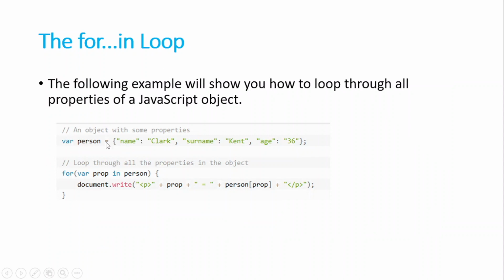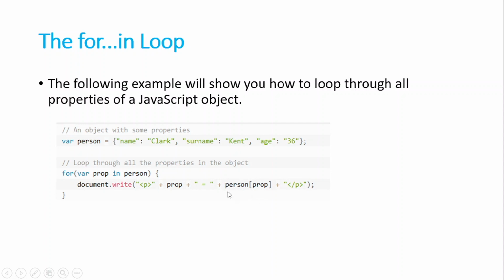Now you can see we have this person object, in which we have name Clark, surname Kent, age 36. If we use this prop variable with in and then the person object, we can use prop as the property name for each iteration. In the first iteration, the first property will be given to you, which is name, and we can access its value with person[prop].